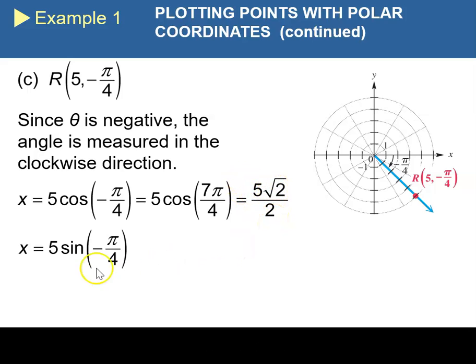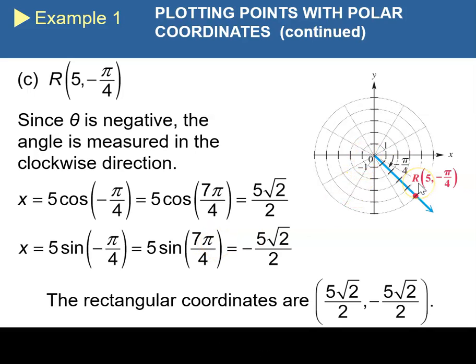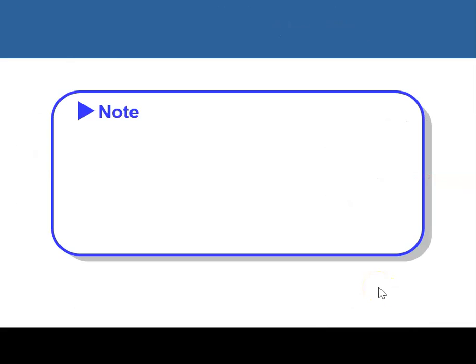Okay, and for sine, we basically get the same thing, but negative, because this point is at pi over 4, right? But negative. The point without the extension of 5 is root 2 over 2, negative root 2 over 2. Then we multiply by 5 because we are extending out the radius, right, from the unit circle. So those are our rectangular coordinates. Okay.